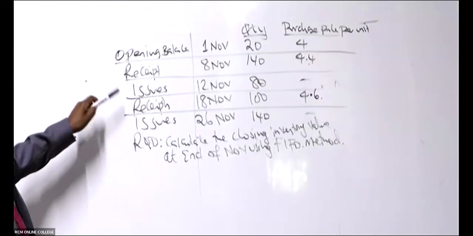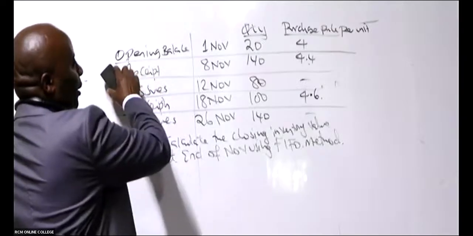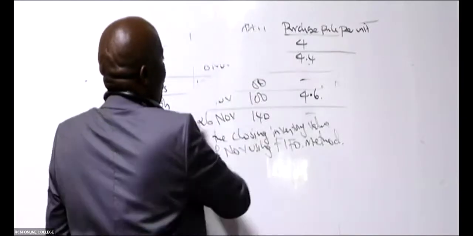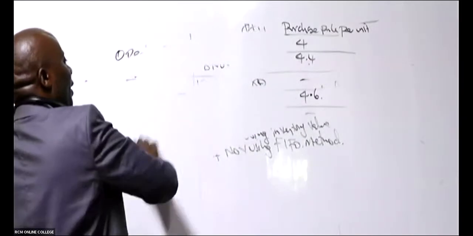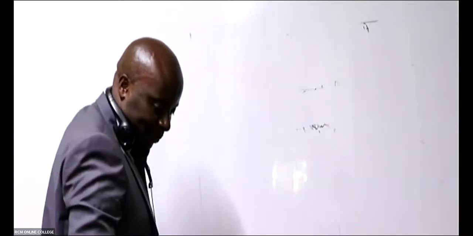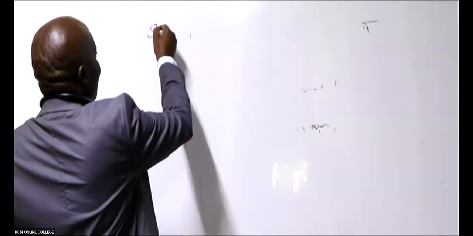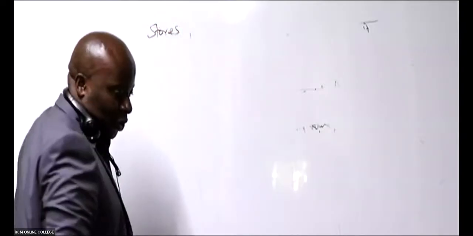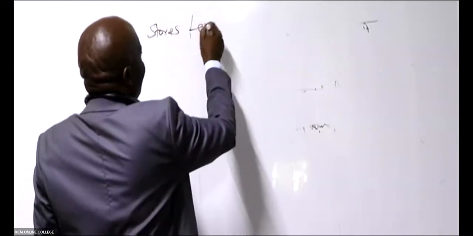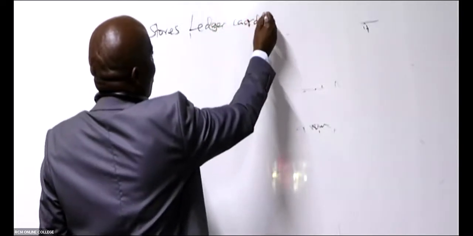If that is the case, then we write this solution: stores ledger card. We are using a method called what here?